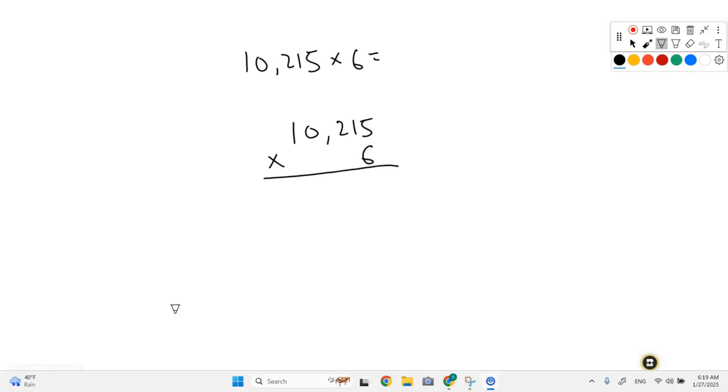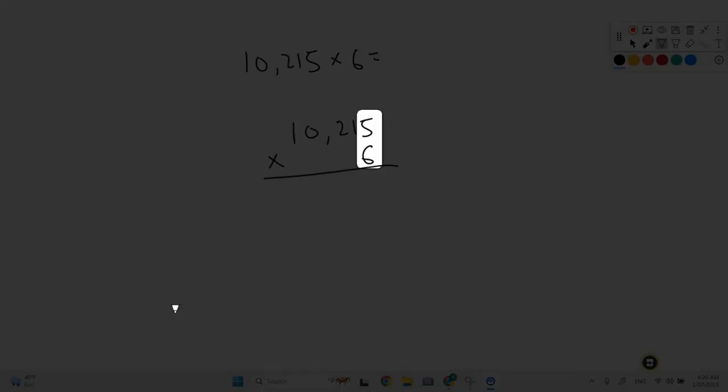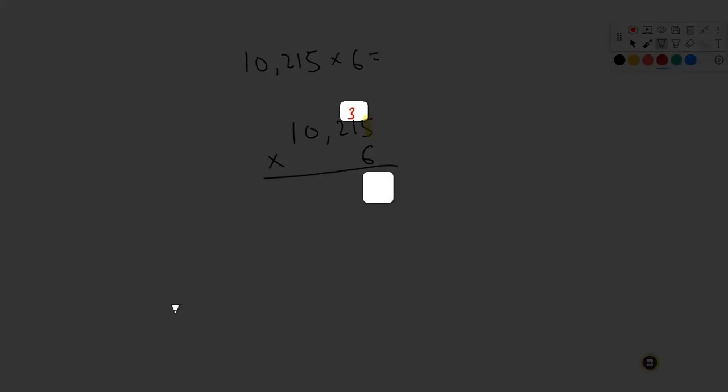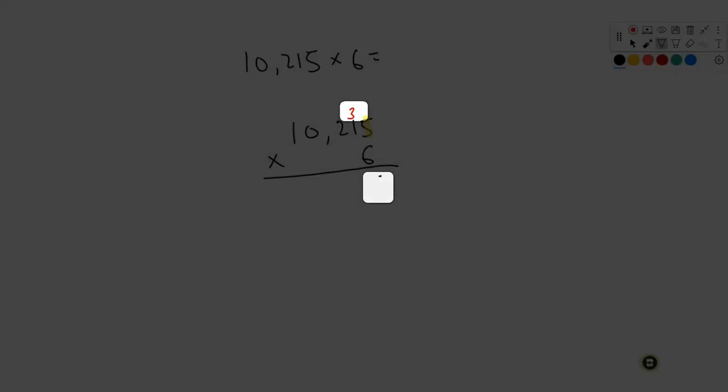All right. So first things first, go ahead and start with the smallest place value, which is 5 ones, right? So let's do 5 ones times 6, which is 5 times 6, and that is 30. So when we write 30, we know it's 3 tens. So we know that it's 0 in the ones place and 3 in the tens place. 3 tens, or 30.